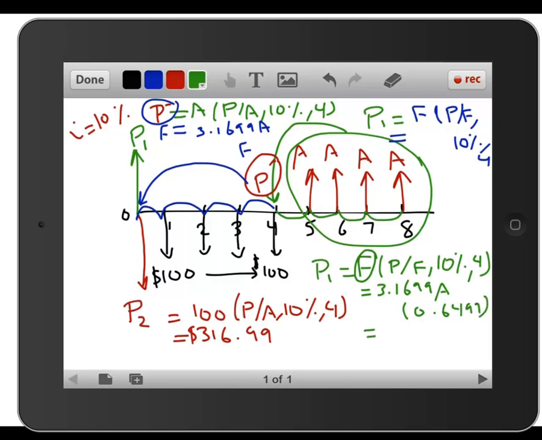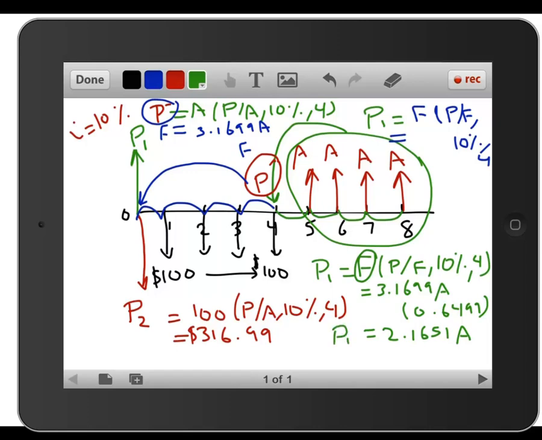If you multiply these together, you should get 2.1651A. Now notice that until now I didn't get the value of A.